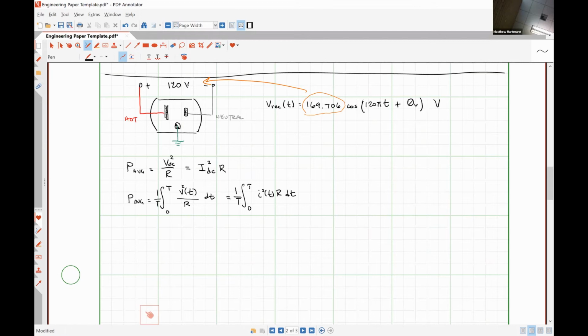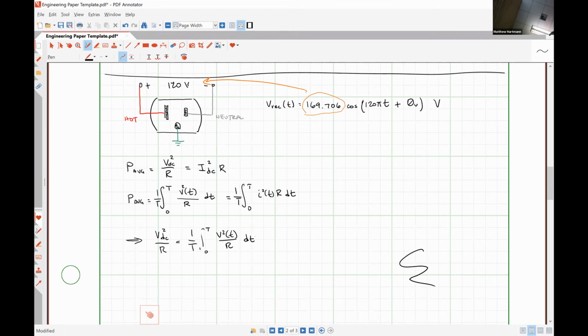So I could say that V DC squared over R is equal to 1 over T integral from 0 to T of V squared over R dt.